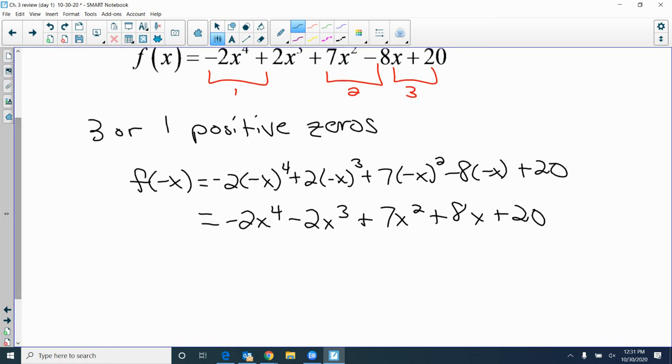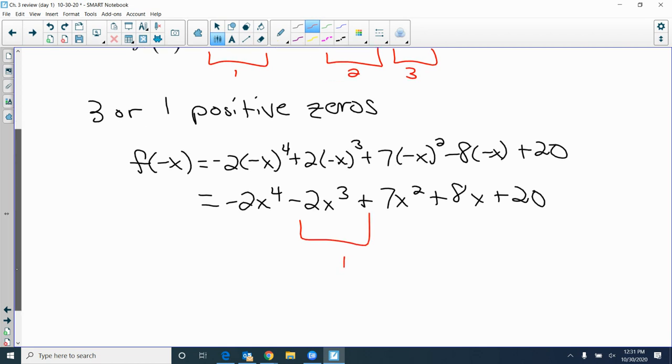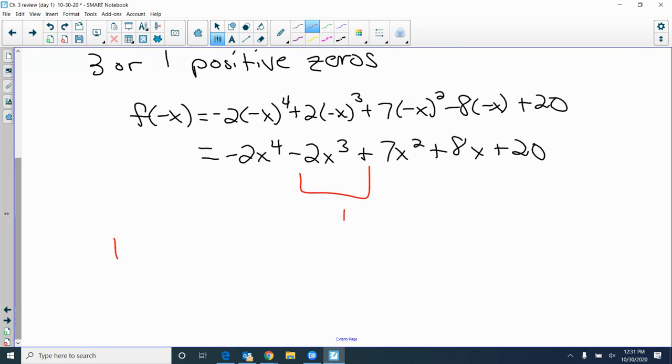So now that is your new function that you want to look at. Now in this case, it only has one change of sign. So we get 1 negative zero.